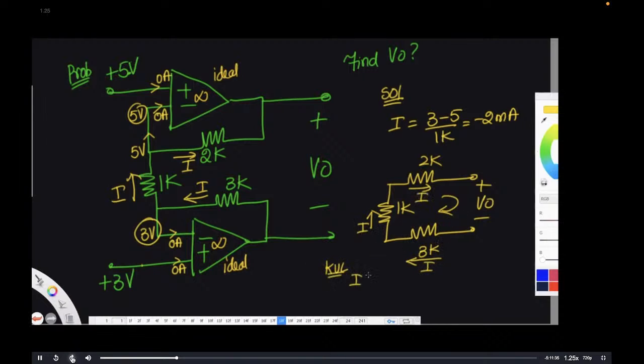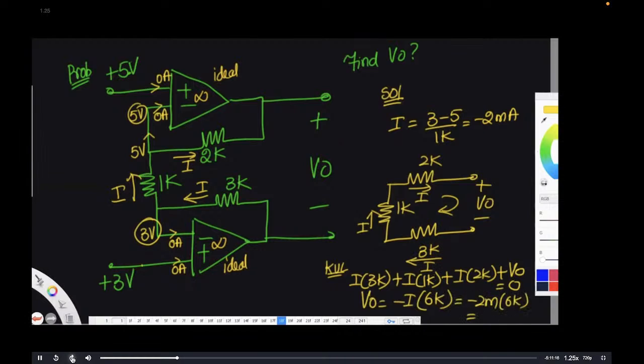It is I into 3K plus I into 1K plus I into 2K plus V naught is 0. So V naught is going to be minus I into 6K. Substitute I equal to minus 2. So 3, 4, 5, 6.